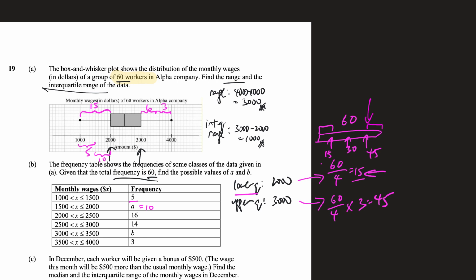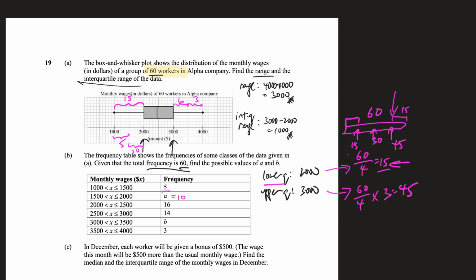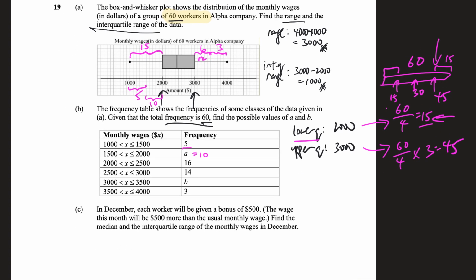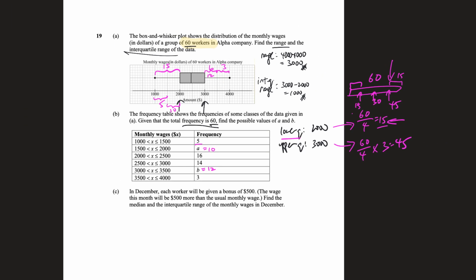If this is the 45th worker, then from 45 up to 60, there are 15 workers. Therefore, B must simply be 12 workers, so that 12 plus 3 gives me 15. So B must be 12. And there we go.